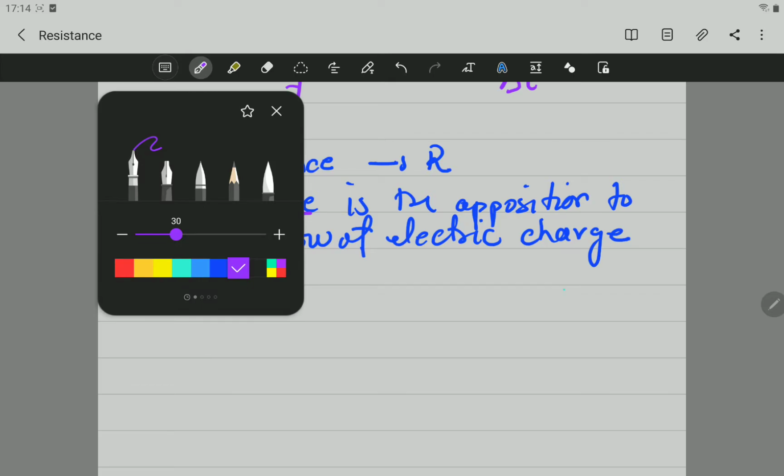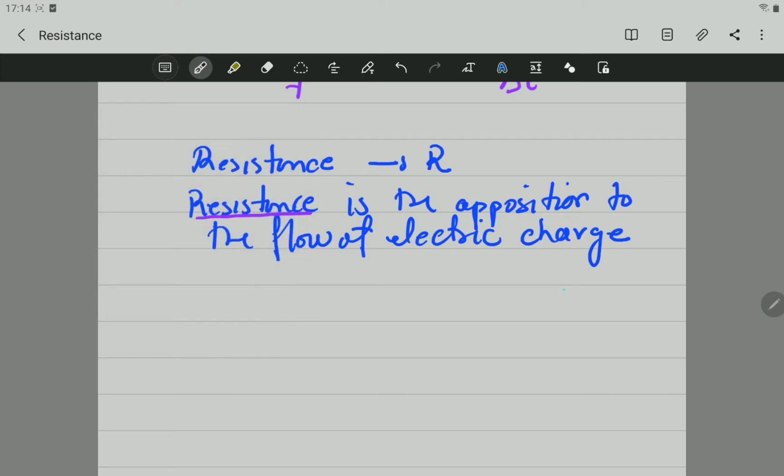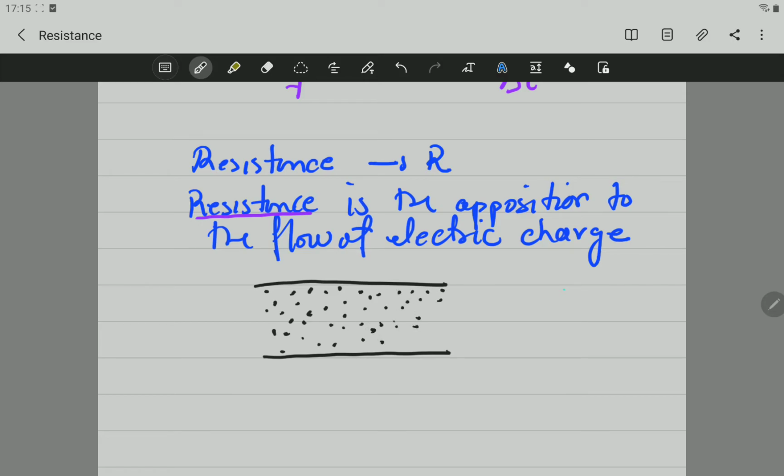Now, let's say we have a resistor. We have part of a circuit, we have a resistor of a specific material. That resistor, like everything else around you, is made out of many particles. The electric charge, the electrons, have to flow past those particles.